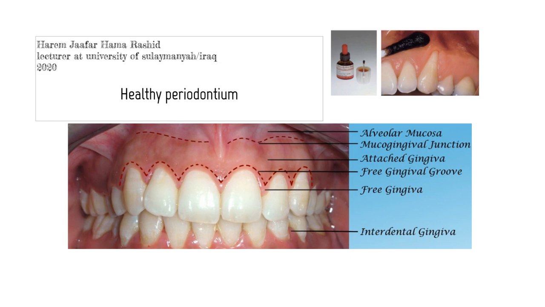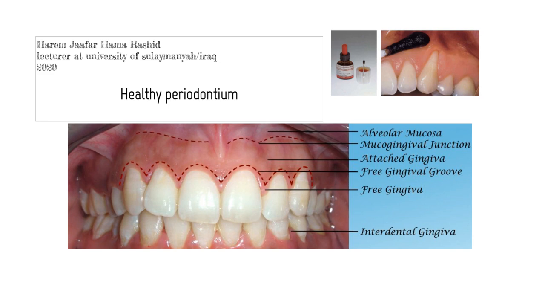And we have two grooves. One of them is the mucogingival groove here, and the other one is the free gingival groove, which separates the free gingiva from the attached gingiva, and the mucogingival groove separates the oral mucosa from the attached gingiva.